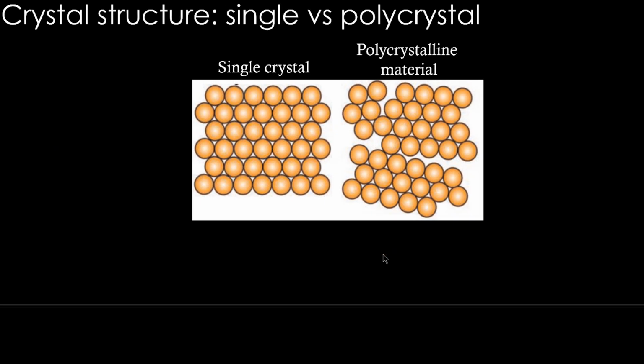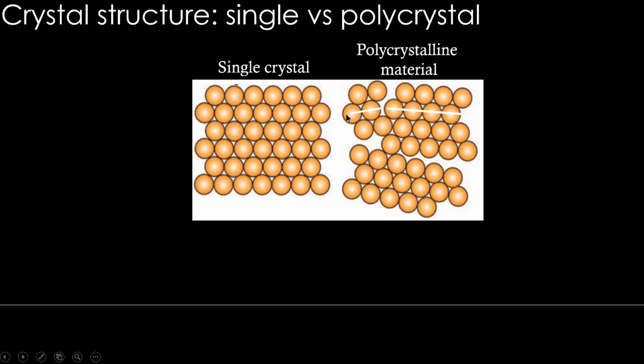In a polycrystalline material, you will have multiple grains. The picture that we saw before was a polycrystalline material. In that, atoms can be arranged like this. If it is a single crystal, within one grain, atoms will be arranged in one manner like this. So what is the difference here? If you see carefully, there is an orientation difference.